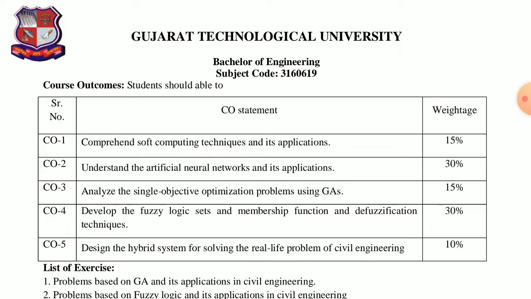Then our last unit 5, design the hybrid system for solving real life problems of civil engineering. This chapter's weightage is 10%. So the maximum weightage is from the second and fourth units, but here you can prepare all the units 1 to 5.